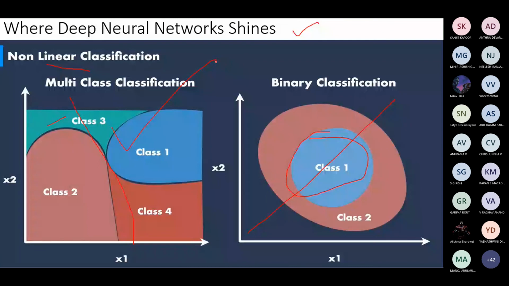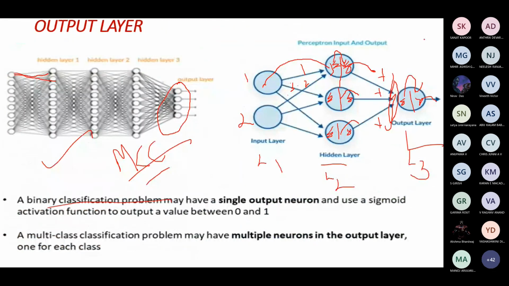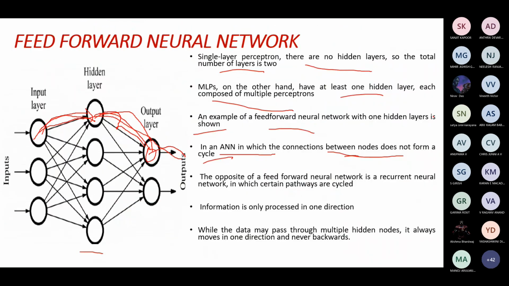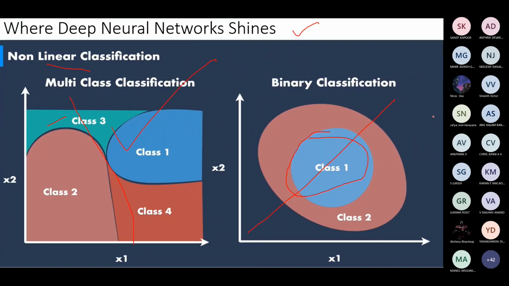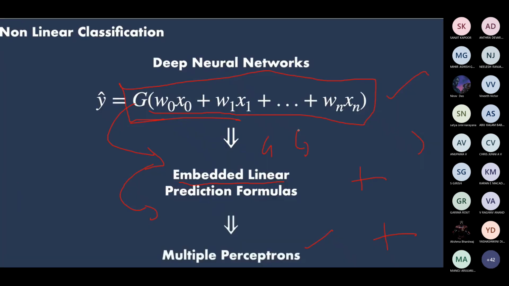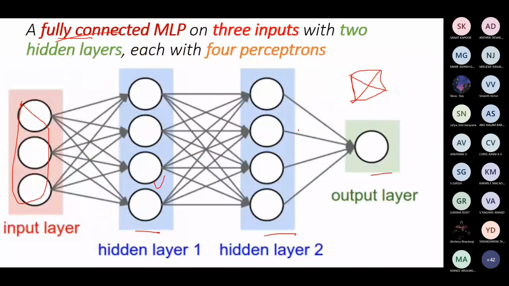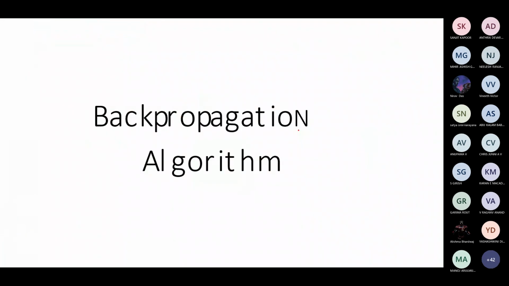And this type of network, where the output is either 0 or 1, whatever it is, you can use for binary classification on non-linear data.